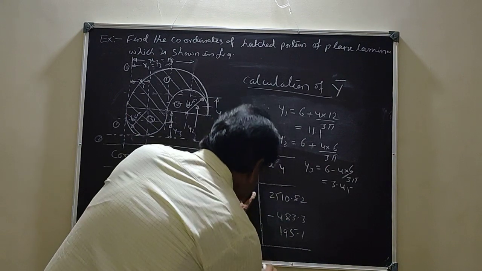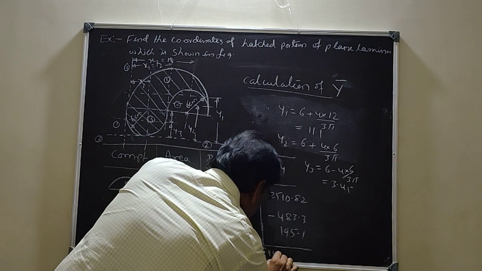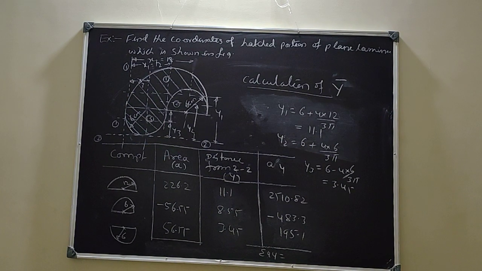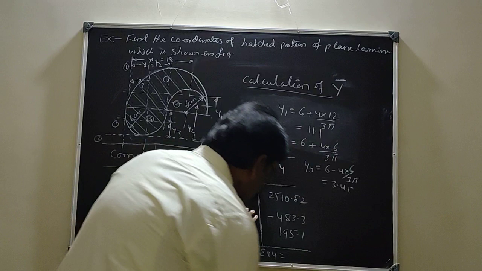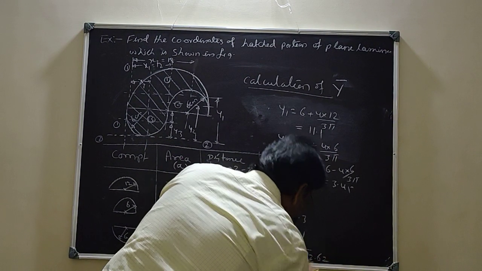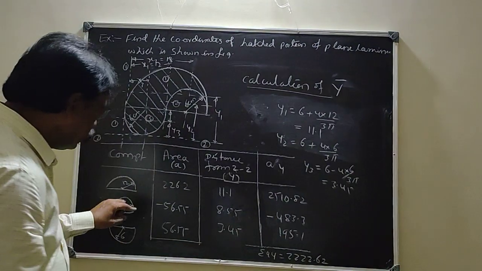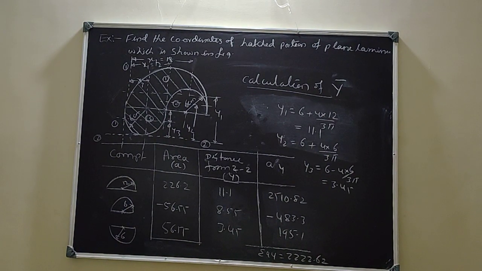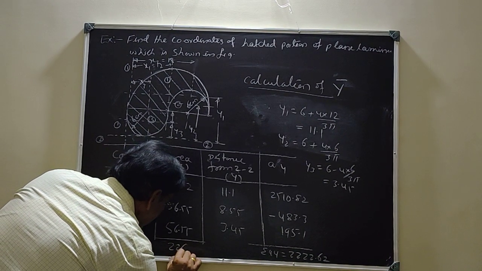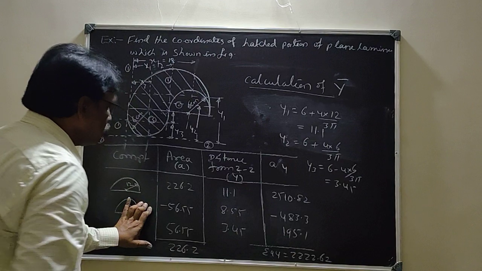So now sigma ay is equal to 2222.62, and the net area is 226.2, because this gets cancelled.